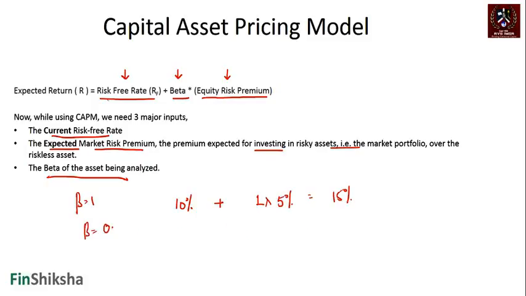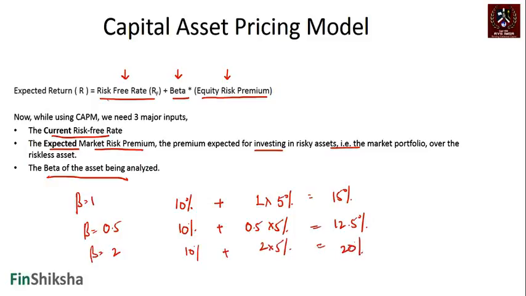A stock which has a beta of 0.5 will be 10% plus 0.5 times 5%, so we will be happy with a 12.5% return there. And a stock which has a beta of 2, we would want a return of 20%, because we perceive the risk as higher. That's the broad contour of each security, and each security will be defined by one single parameter, which is the beta.